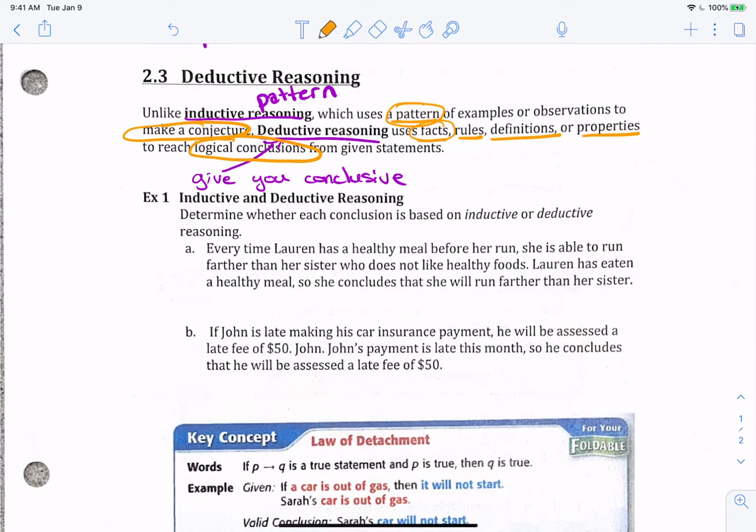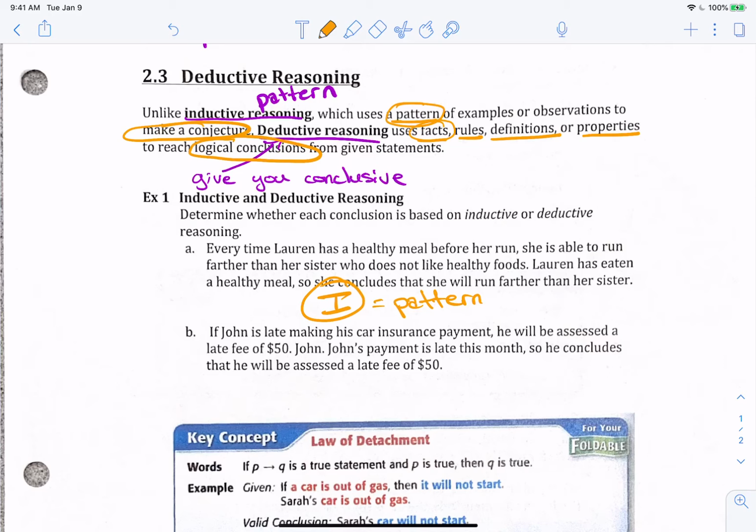In the past it has done this, so I'm going to guess it will do that again, but it's not actual factual information until after the race is over. So that's inductive reasoning because it's based on a pattern. It's the pattern that she runs faster than her sister when she eats a healthy meal.